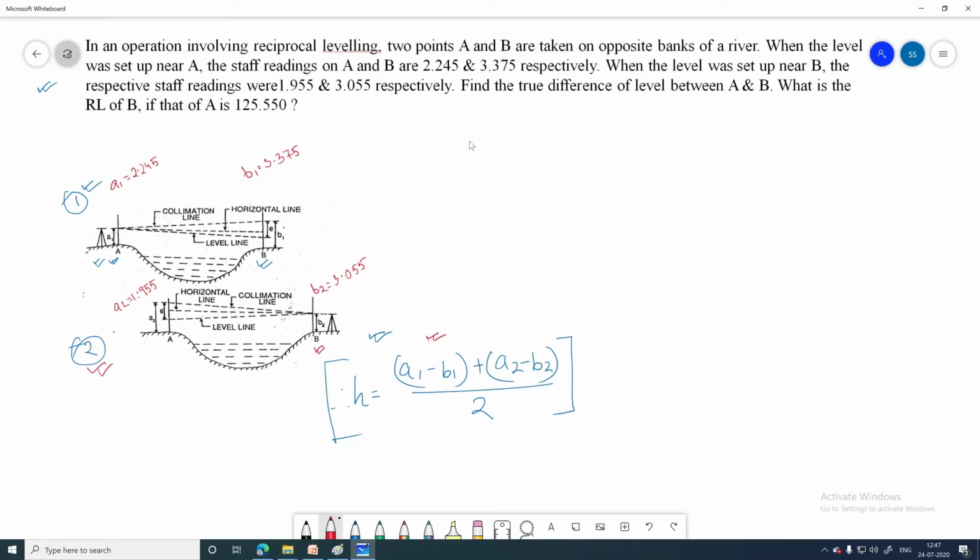So we will determine the apparent difference of level between A and B. What is the apparent difference of level between A and B? Let's see.